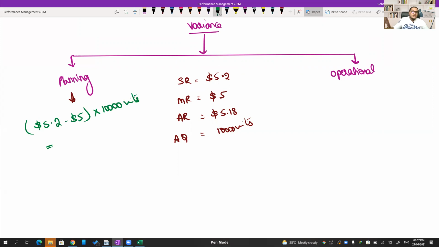So because of that, you are going to get a favorable variance of how much? 0.2 into 10,000, $2,000. So this is a favorable variance. Sir, why favorable? Sir, you should have given them.